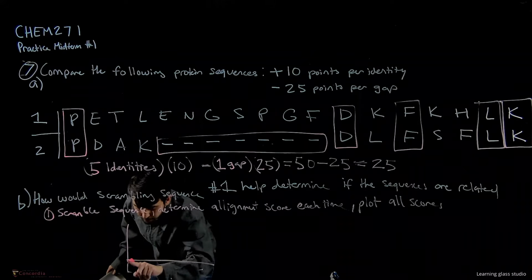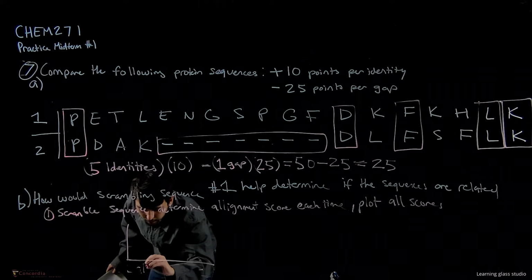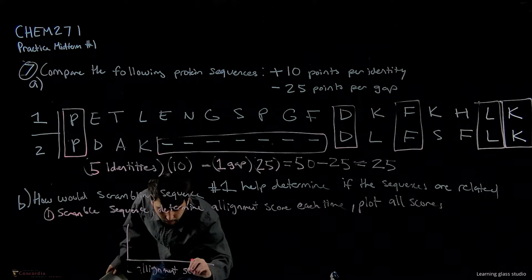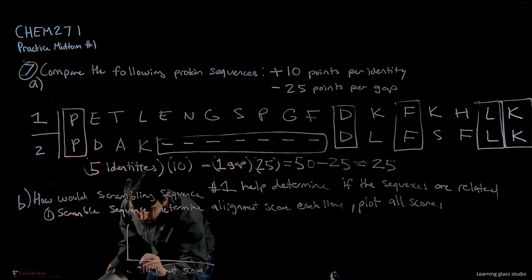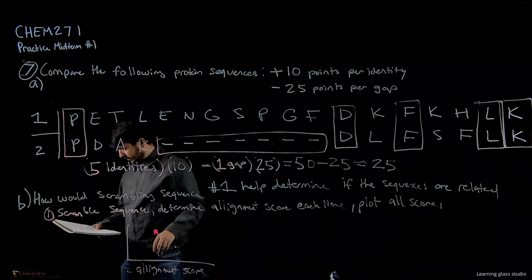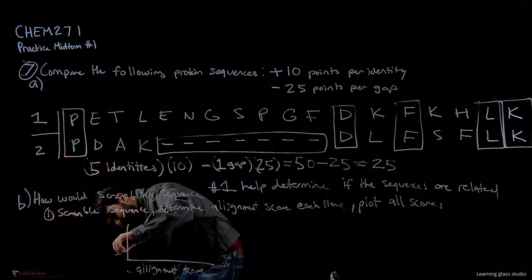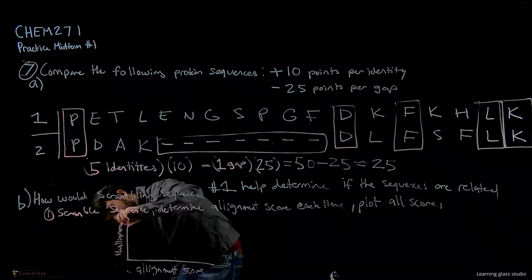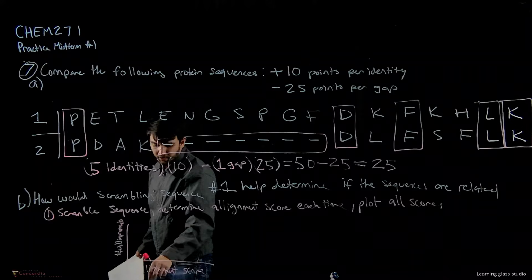All right, so down here we have the alignment score, and then on this axis, we have the number of alignments.